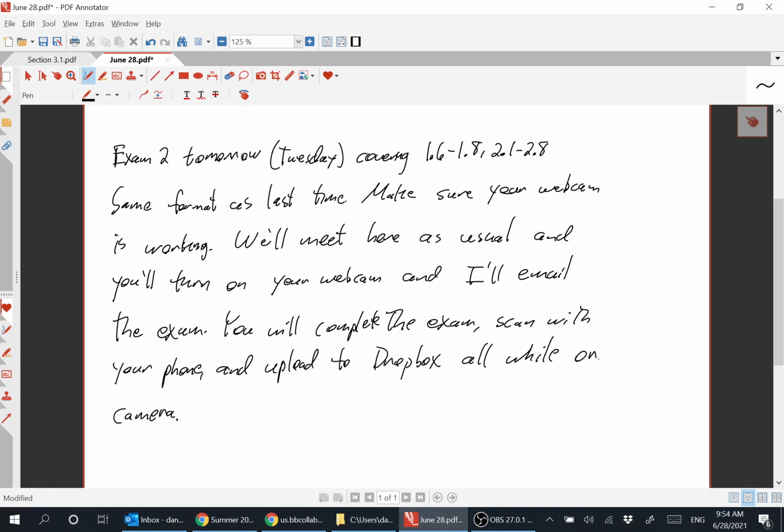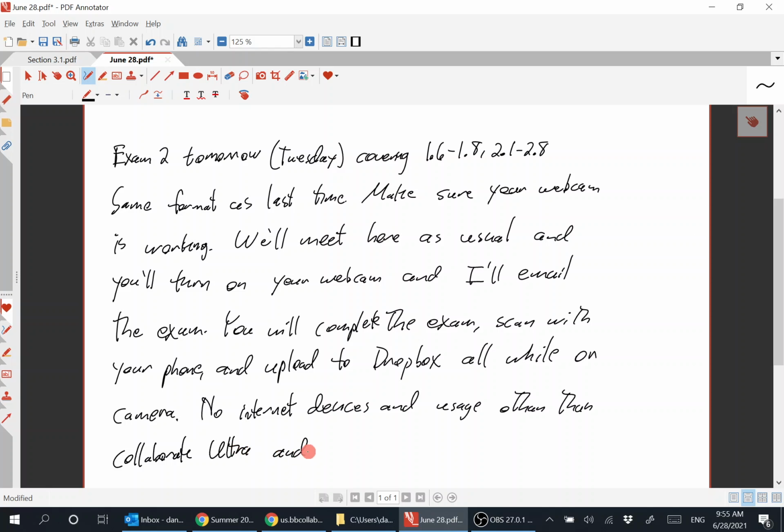So last time, a couple people kind of left after they were done, then scanned and uploaded. Now scan and upload while you're on camera, so we're in a properly proctored environment, and no internet usage other than Collaborate Ultra and your phone, and scanning software.